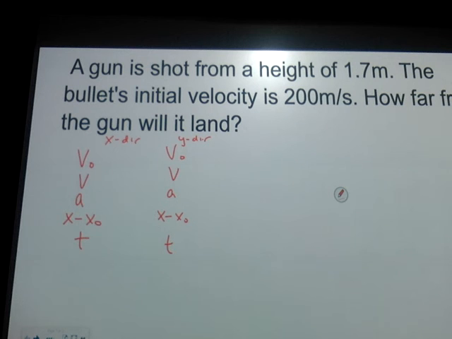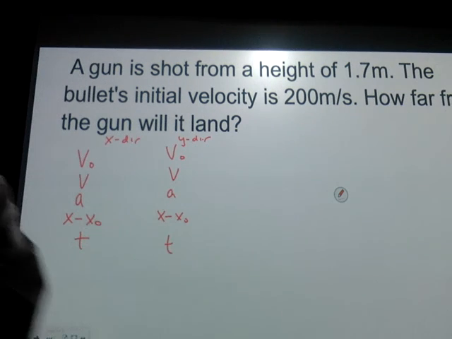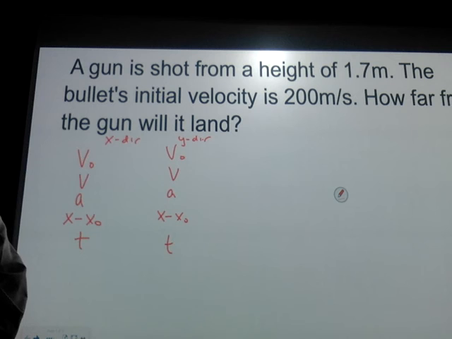All right, could anybody put anything in the chat that we know about this gun that is shot from a height of 1.7 meters? Any velocities? Any displacements? Any accelerations? Anything we always know?